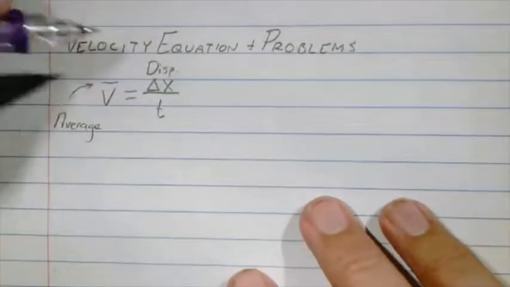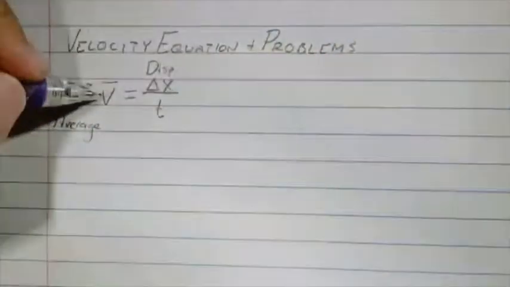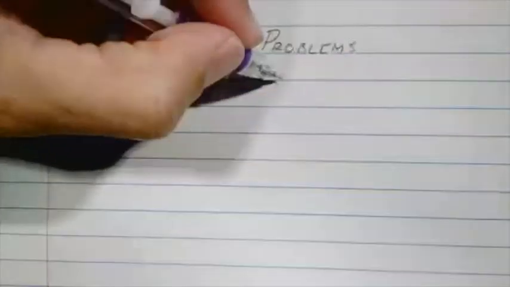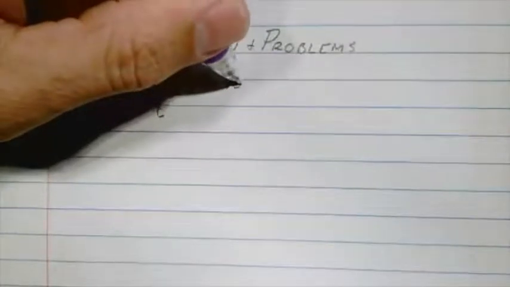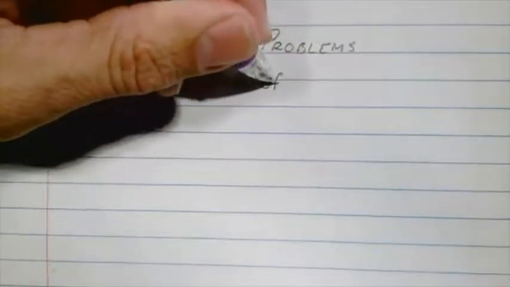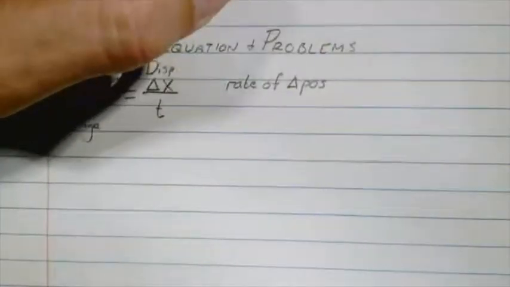And I'm going to talk a little bit about what that means. Speed, I kind of think of it as using the same equation. I mean, speed or velocity is rate of change of position. Change in position. And so velocity, that rate of change of position, it's really just change of position over time.